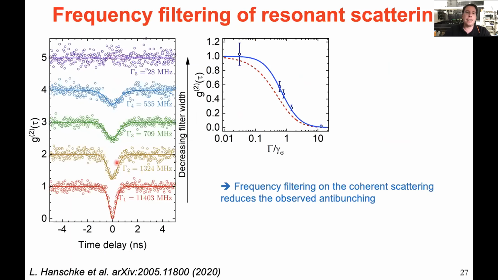We can now analyze this graph and extract for each filter width the measured value of G2 and plot that as a function of the driving strength compared to the spontaneous emission rate, to obtain these data points extracted from the waterfall plot on the left.